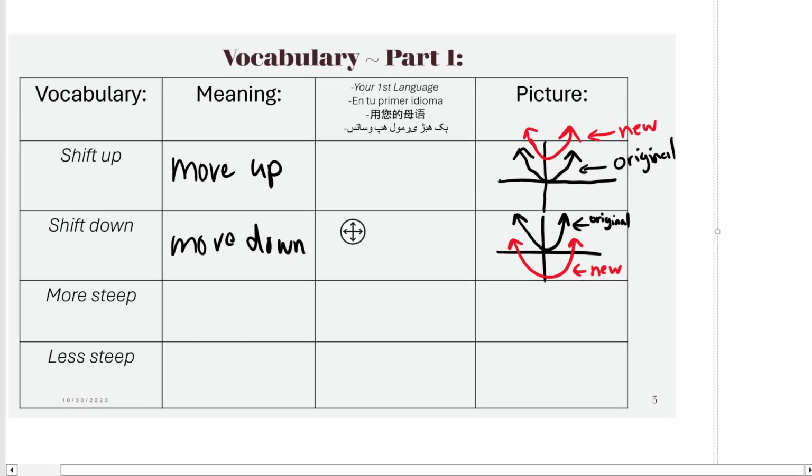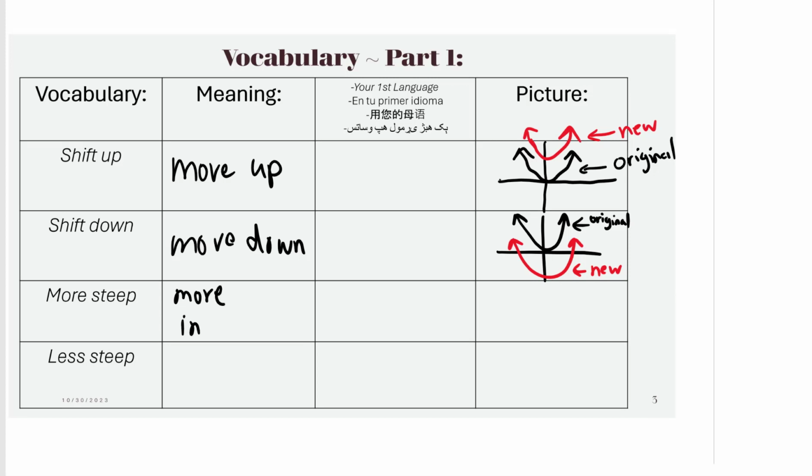All right, more steep means more inclination. Más inclinado. Less steep is the opposite. Este es el opuesto. It means less inclination. So write it in your first language and then copy the picture.